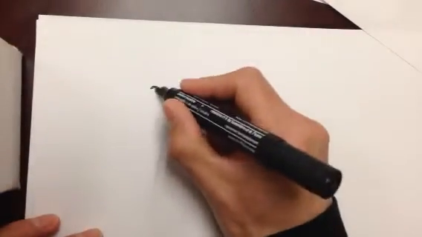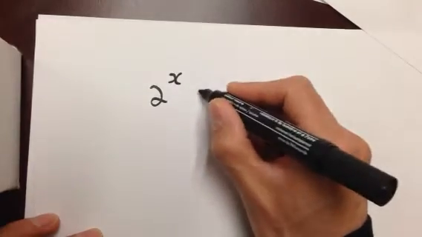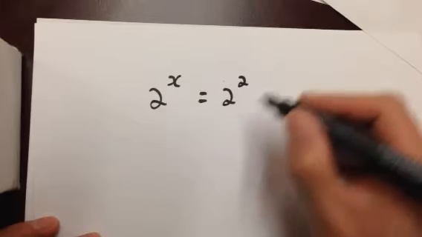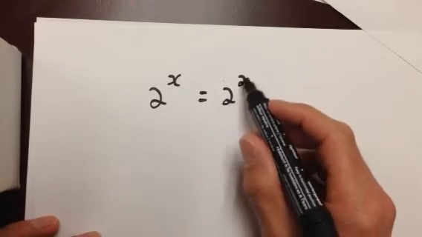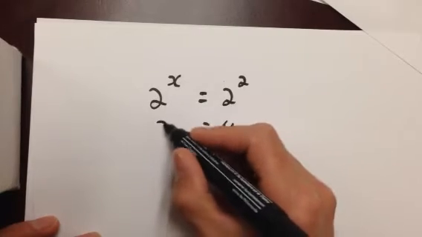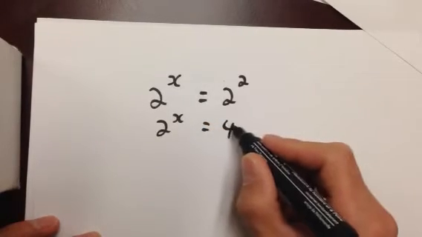If we have 2 to the exponent x, and we say that that's equal to 2 squared. 2 squared is 4. 2 to the x is equal to 4.